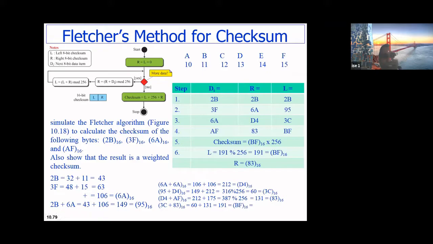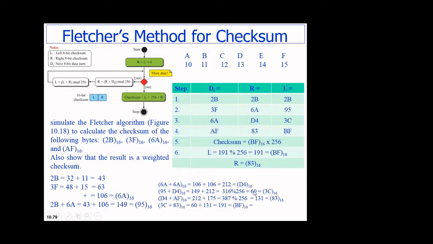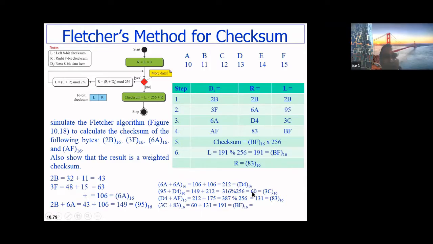So the remainder is 60. Now 60 has to be converted into base 16. 60 divided by 16, how many times will it go? 3 times, so 48. What is the remainder? 12. So 3 sixteens are 48 plus 12 is 60. So here I got 3C.